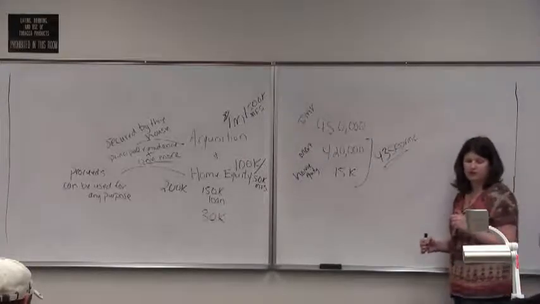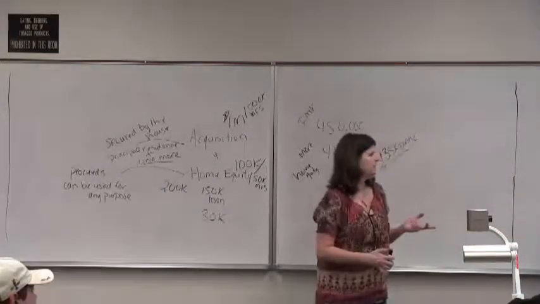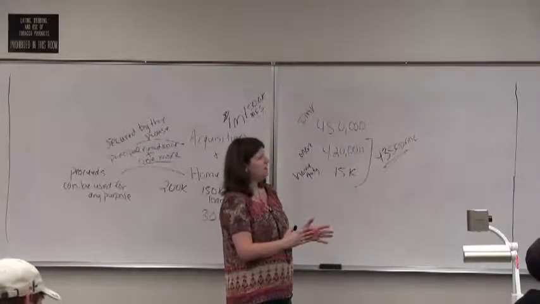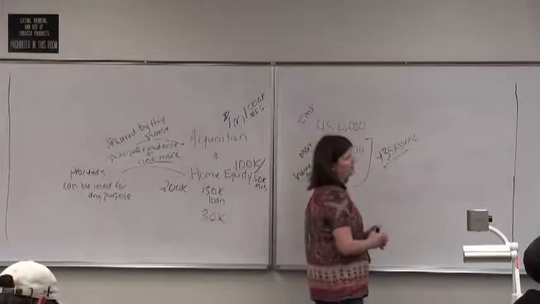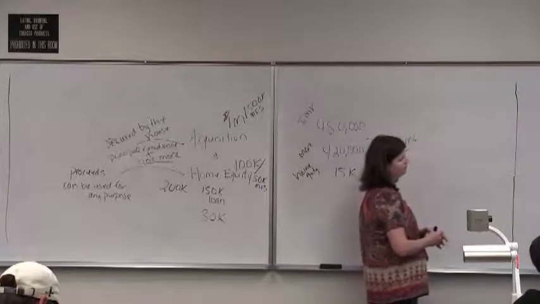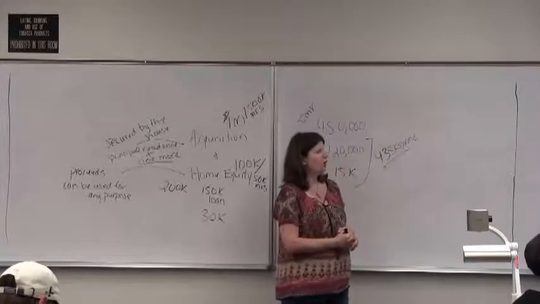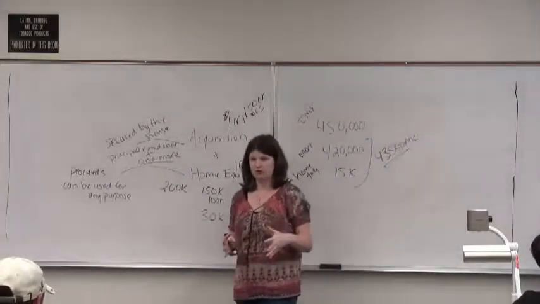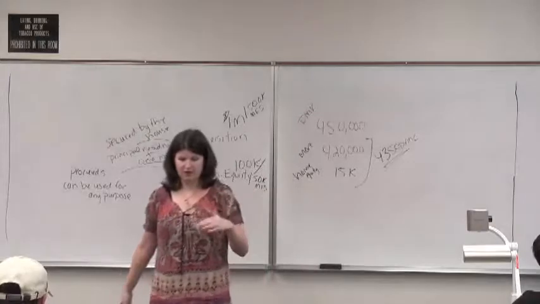A couple other things related to mortgage interest, on slide 42, is something called points. Okay? So if you have points, points are when you're going out to get a loan for a house and interest rates are down.